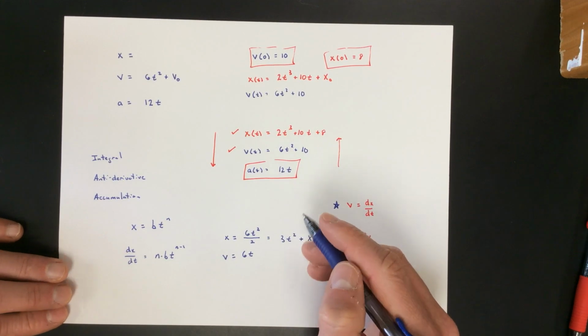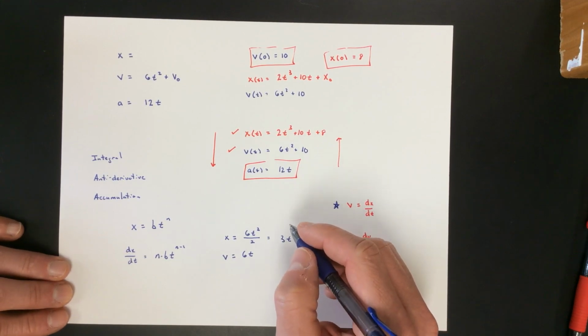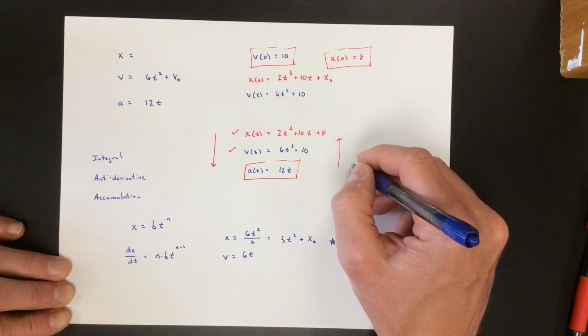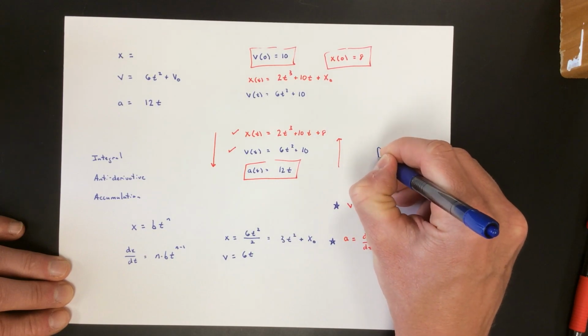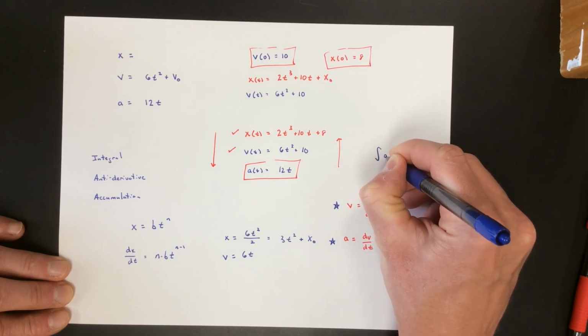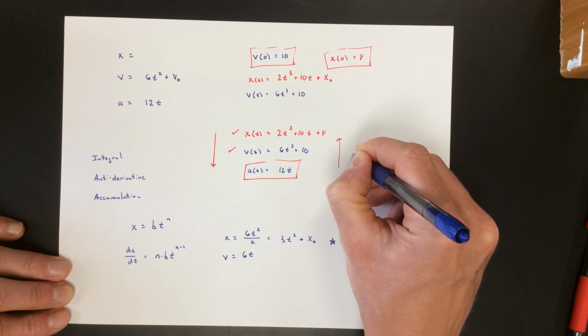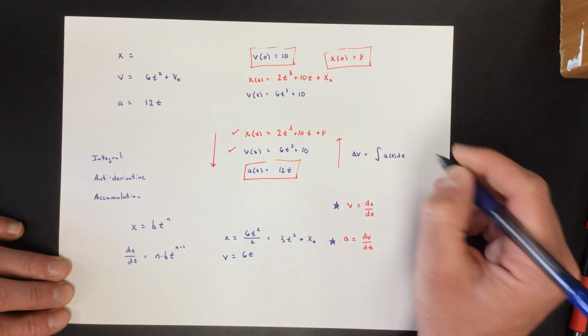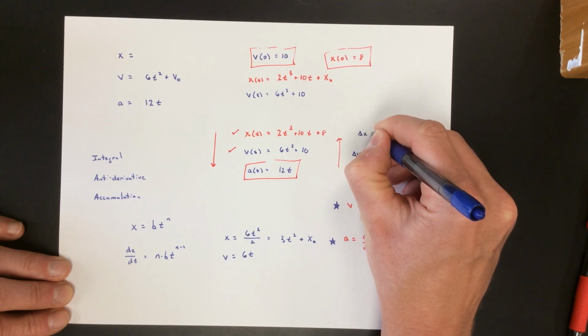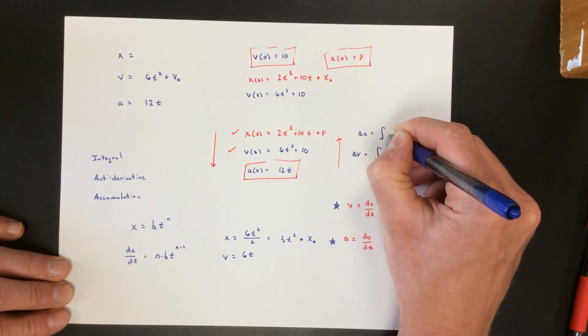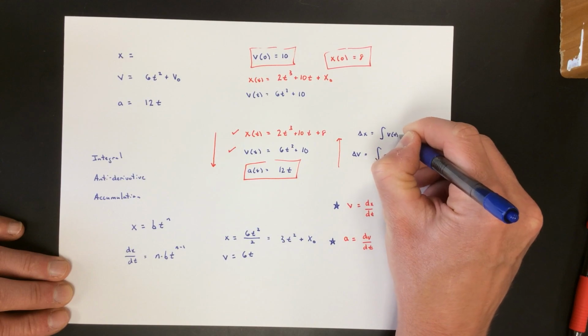You know, if we wrote this out using a little different notation, the integral of an acceleration dt is that change in velocity. The change in something's position is the accumulation of its velocity over time.